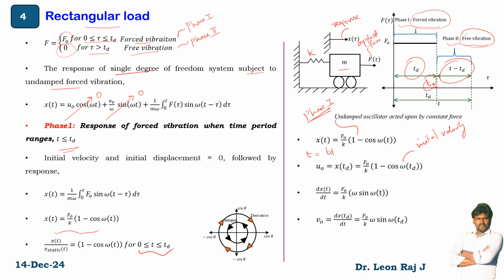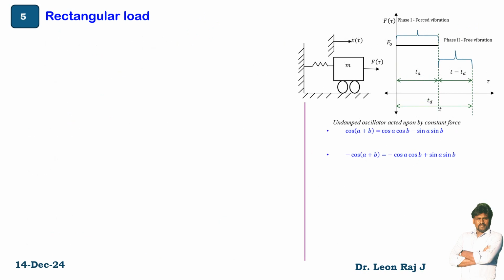So f0 by k omega into sine omega t. Now substitute t equal to td, so you will get v0 equal to dx of td by dt, that is equal to f0 by k omega sine omega td. So v0 equals f0 by k omega into sine omega td.